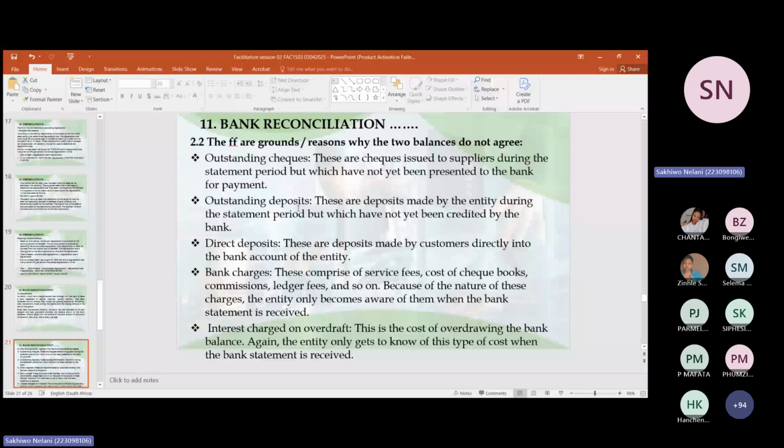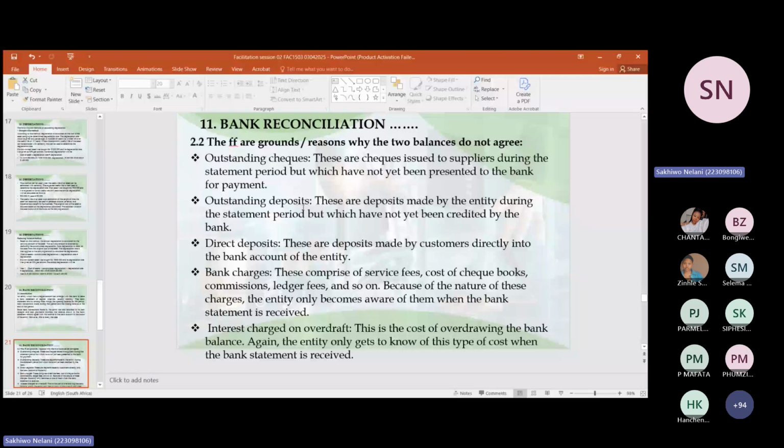Equally, customers are allowed to go to the bank as long as they are using the relevant reference number, so that it can be identified during the bank reconciliation stage. Bank charges: banks impose these charges, but the business is not going to be aware until they download the bank statement and do some reconciliation to identify these charges.